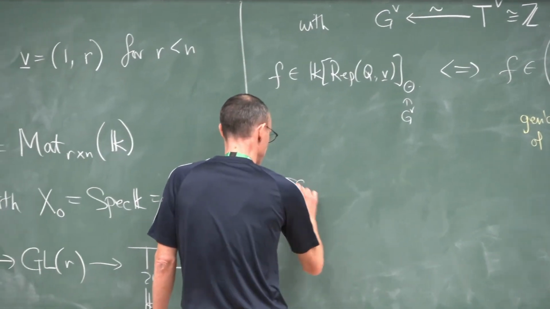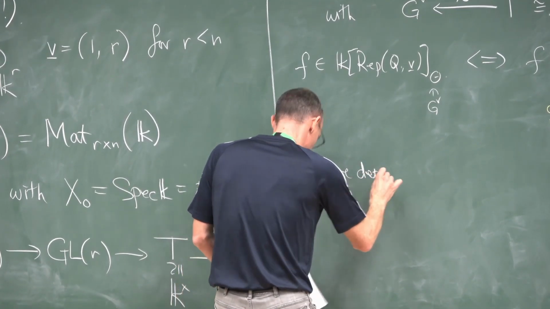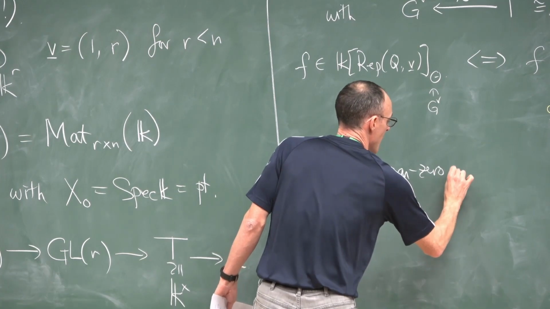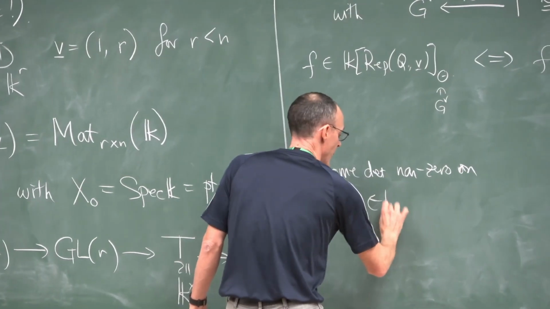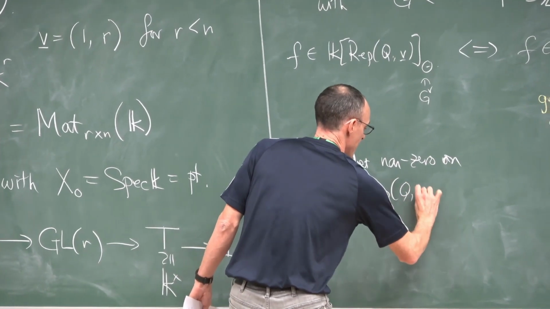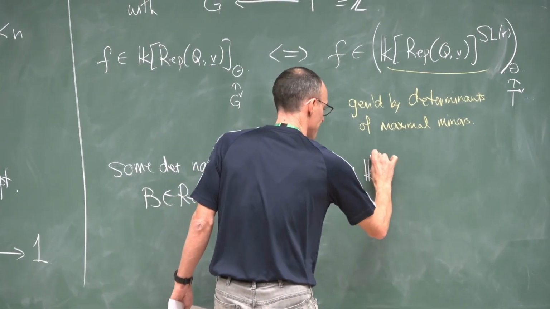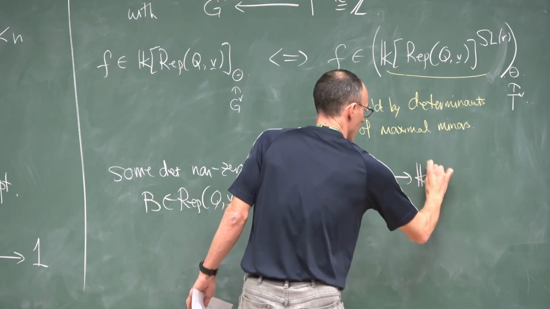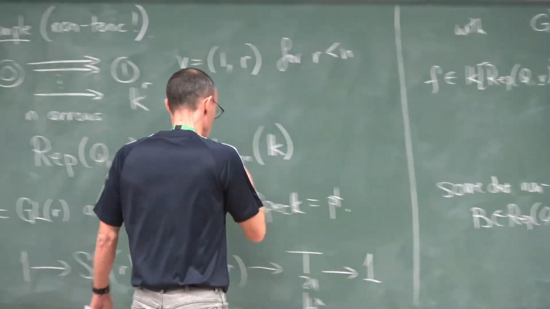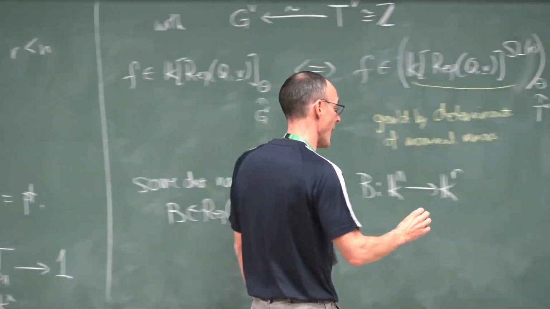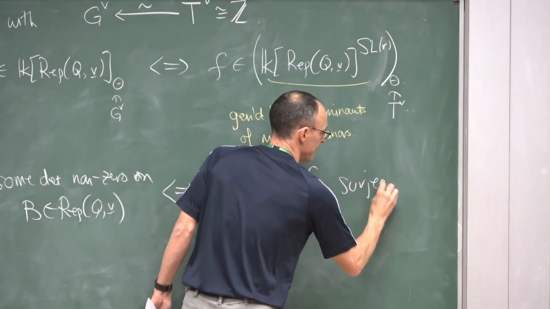And so some determinant of a maximal minor is non-zero on some B, some point in our representation space, if and only if the corresponding point, when viewed as a map from Kn to Kr, or if you like, the matrix has maximal rank. So this is surjective.